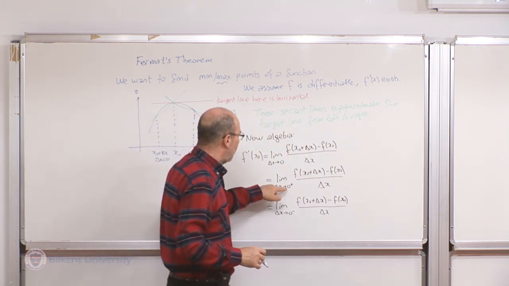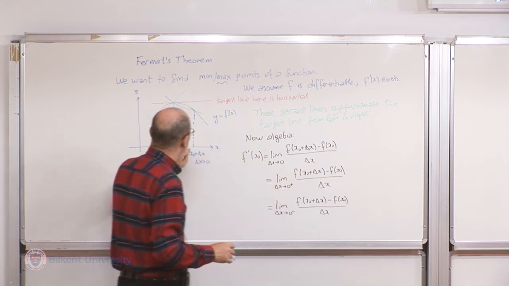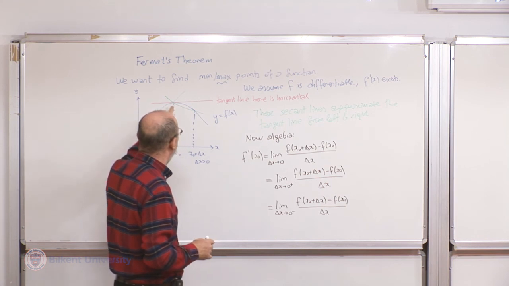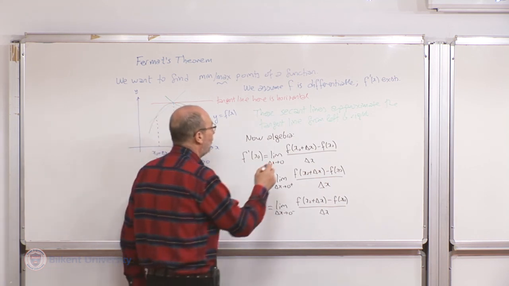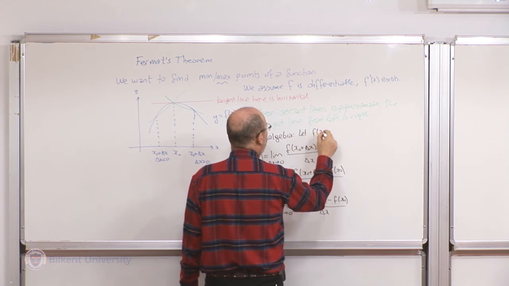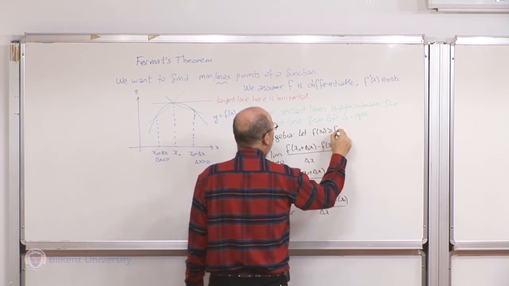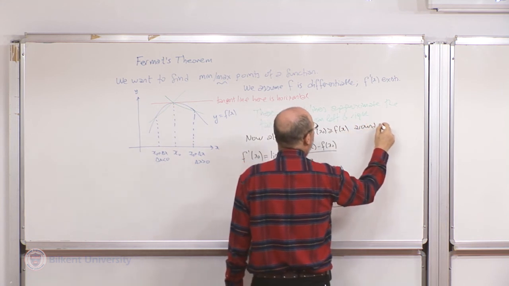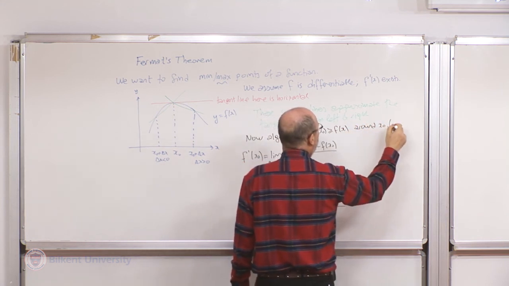When delta x is positive, this is the picture. So we are assuming here that this is a maximum. Let f of x sub 0 be larger than or equal to f of x around x sub 0. So that is a max point.